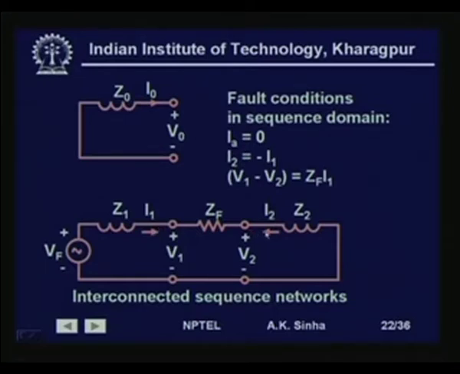So, I2 is equal to minus I1, or I1 is equal to minus I2, and also we have the voltage V1 here and the voltage V2 here. V1 minus V2 is equal to Zf into I1 current flowing here. So, this is the sequence network connection that we get, that is positive and negative sequence network are connected across each other through an impedance Zf.